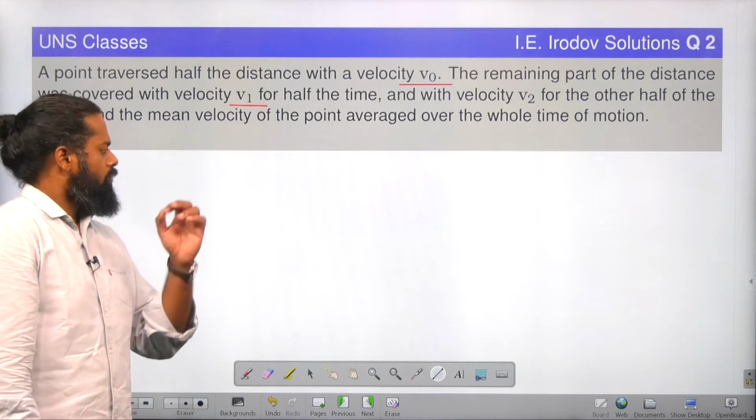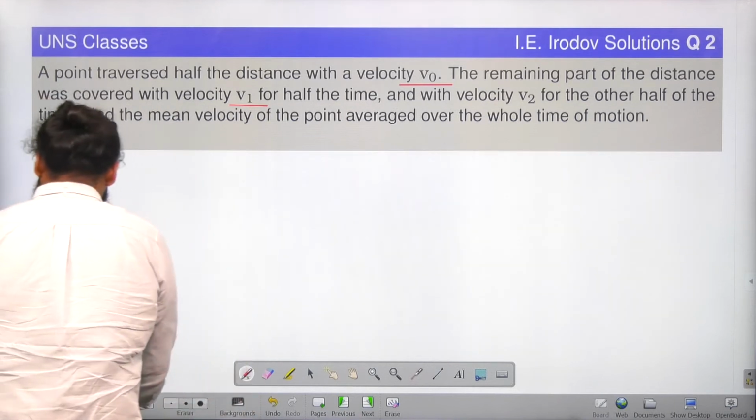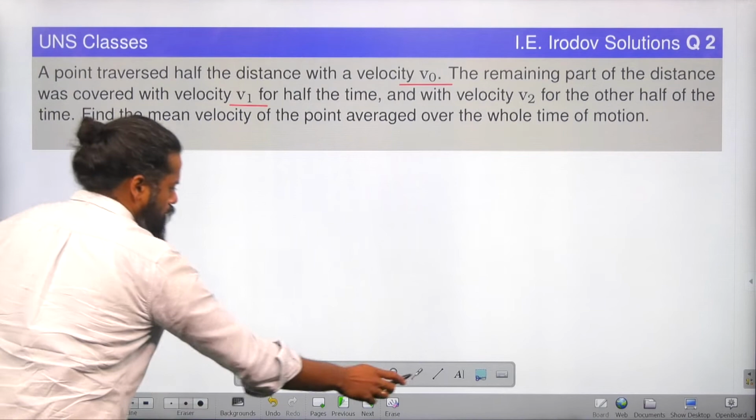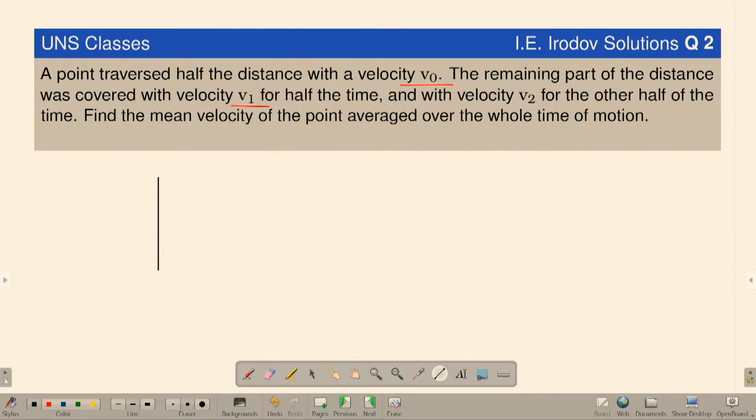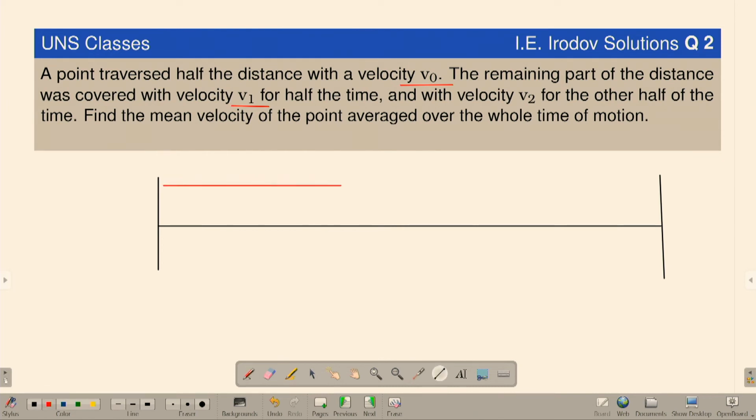Assume that we are starting from a point. So from this point the body is starting the motion and going to some distance. Let the total distance between these 2 points be 2d. Okay, total distance is 2d.